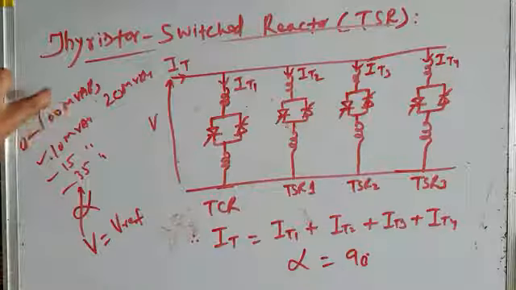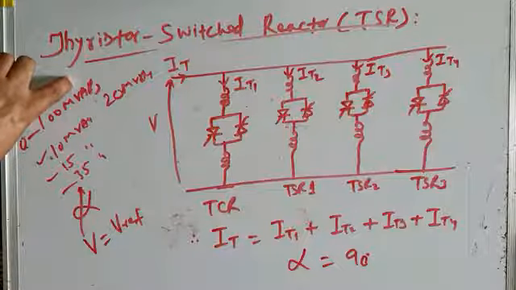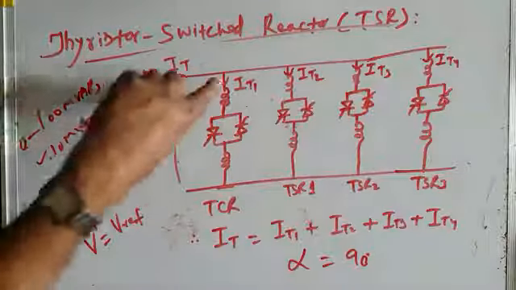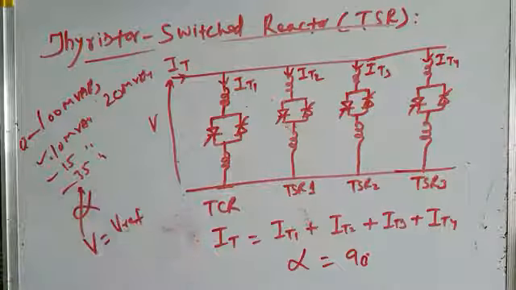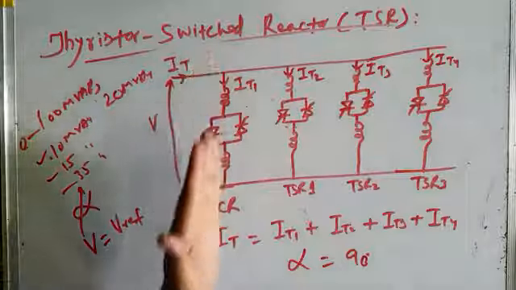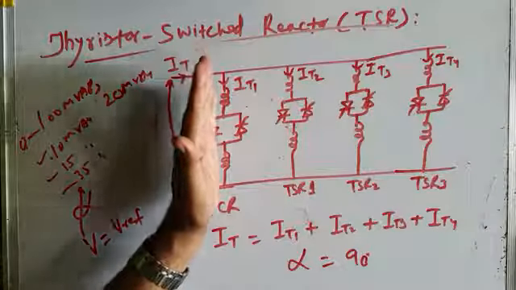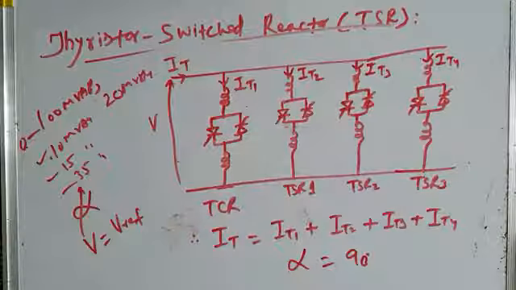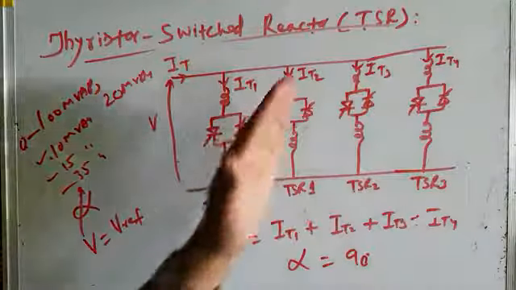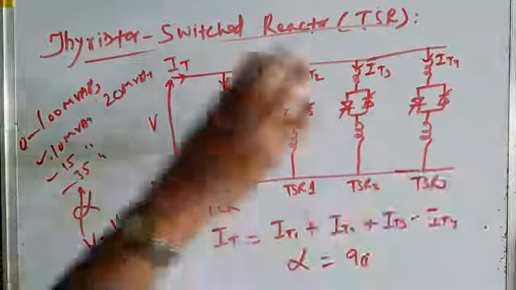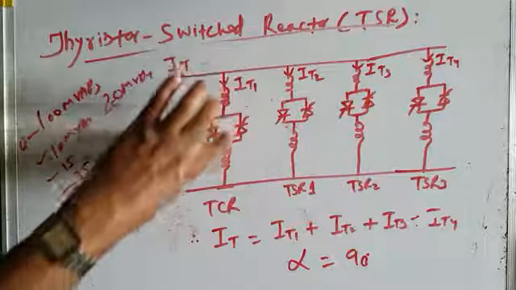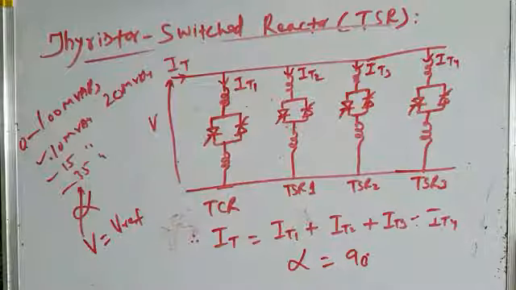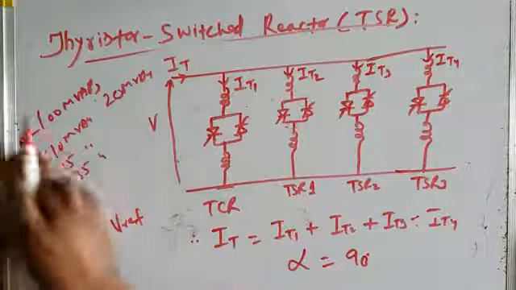Although this 0 to 100 megawatt reactive power control could have been done by a single TCR, I am avoiding that. Instead, I am using a TCR in parallel with many TSRs, giving rise to segmented TCR. So majority of the reactive power will be absorbed by TSRs, and remaining reactive power will be absorbed by TCR by alpha control. Question is, why do I do this?